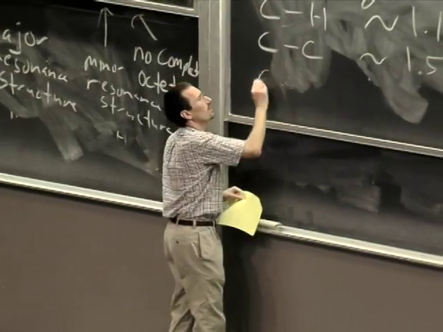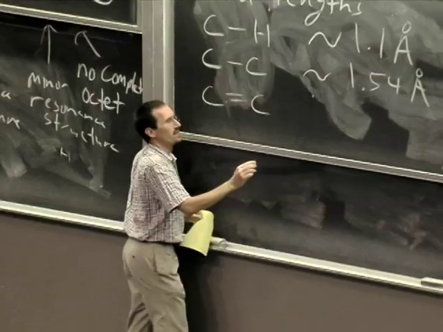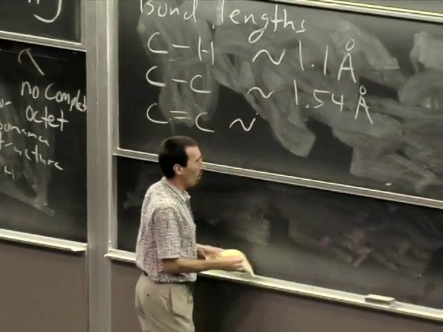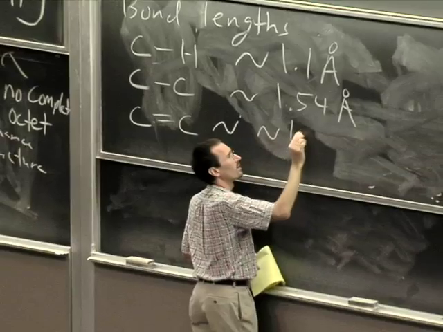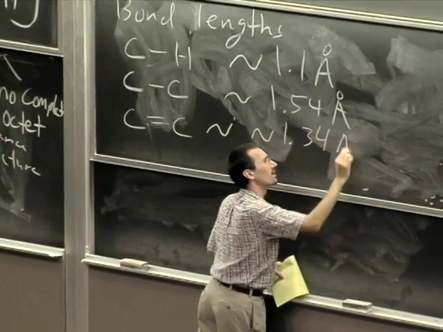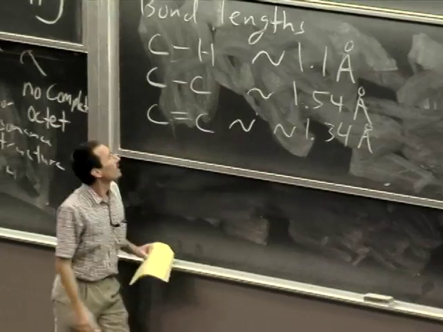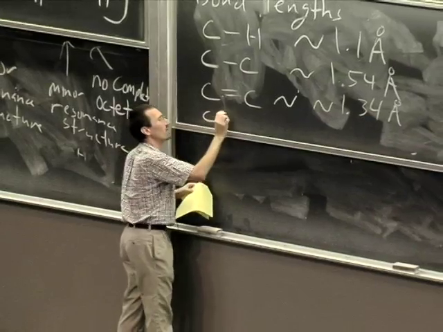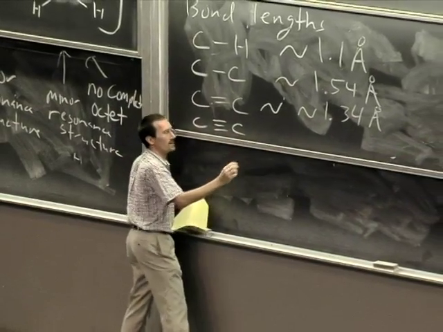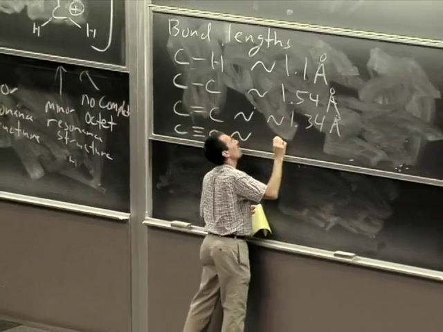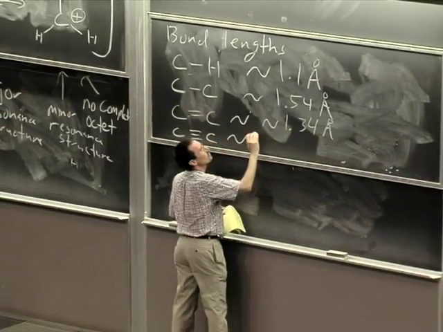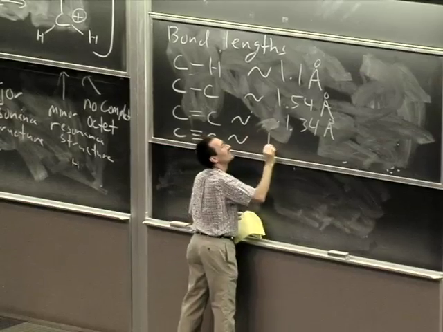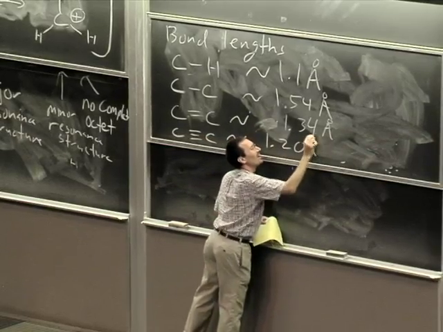A typical carbon-carbon double bond is about 1.34 angstroms. And just to complete the entire set, a typical carbon-carbon triple bond is about 1.20 angstroms. Oops, I drew 2 tildes here. What am I doing? All right.